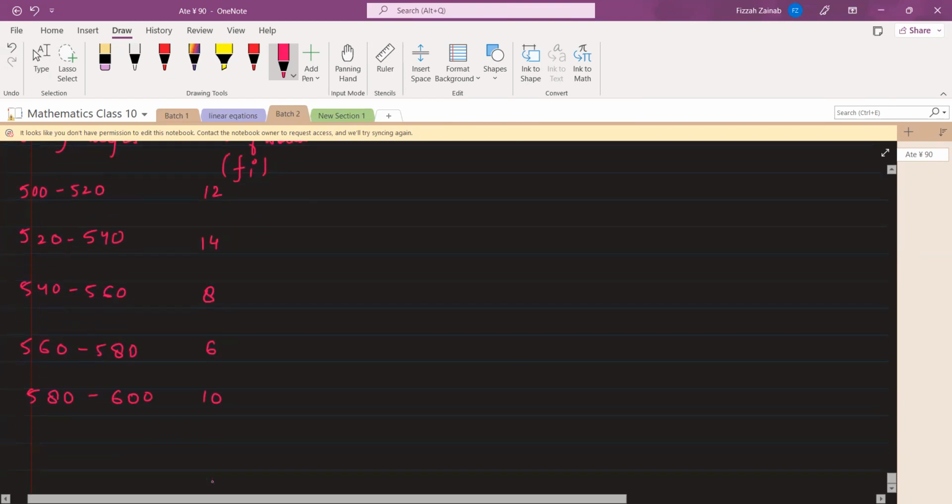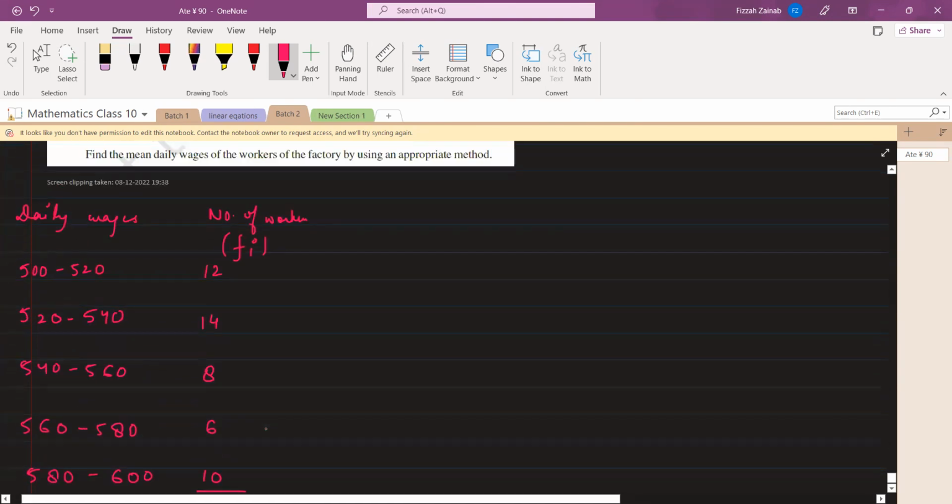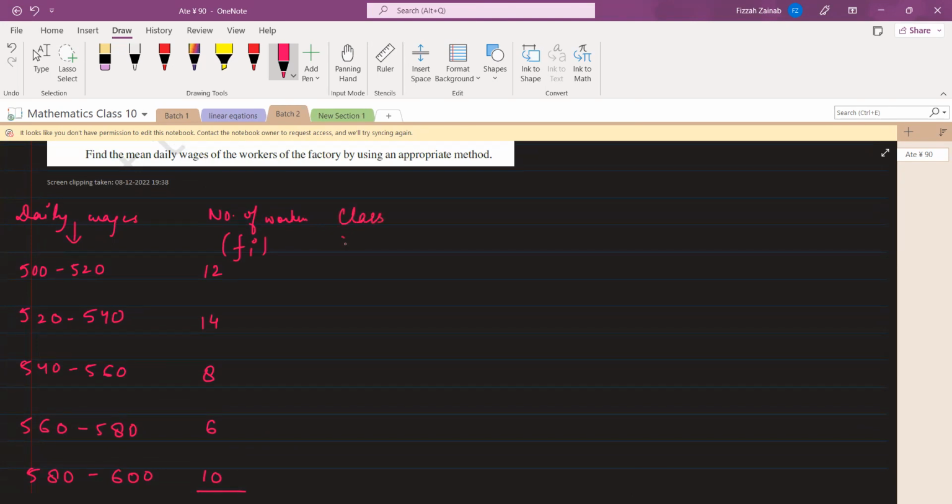Now right here, you do your summation of Fi, which should be 50. It's given in the question: there are 50 workers. Next, what you need is the middle value, which is called Xi, the class mark. Now quickly find the class mark.